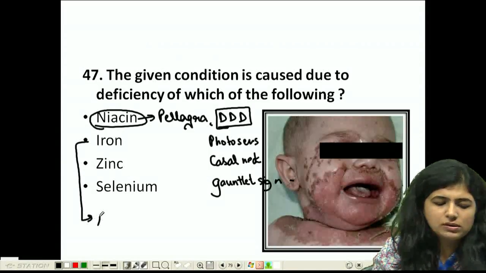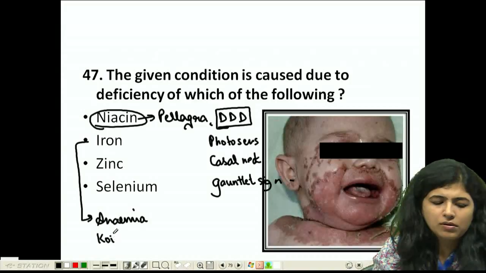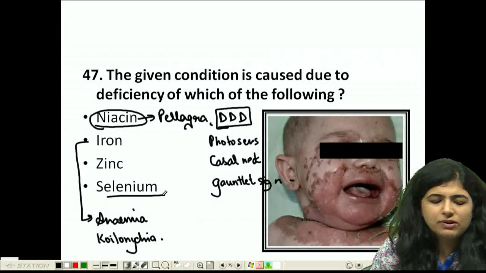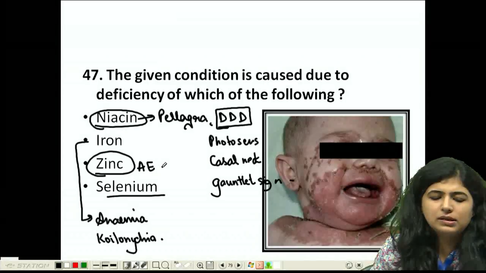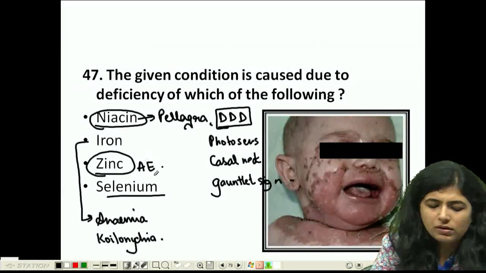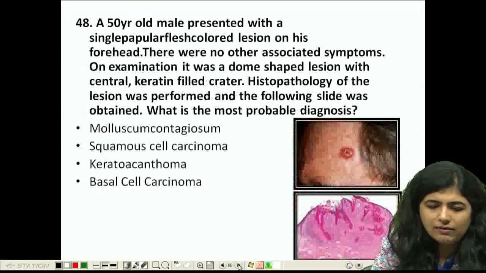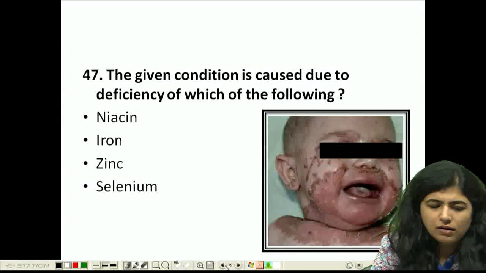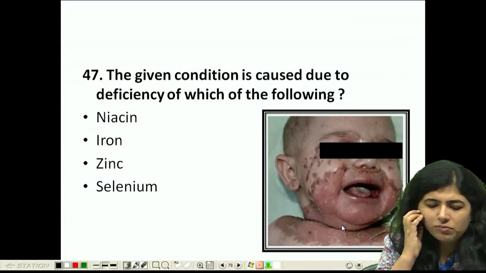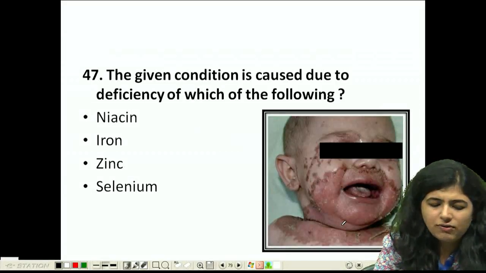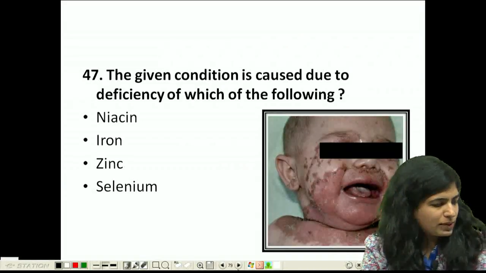Iron deficiency causes anemia and koilonychia. Selenium, non-specific, nothing major. Zinc, acrodermatitis enteropathica. Clear to everyone? Yes, I have given you the major things of all the other options, and this image is that of acrodermatitis enteropathica.